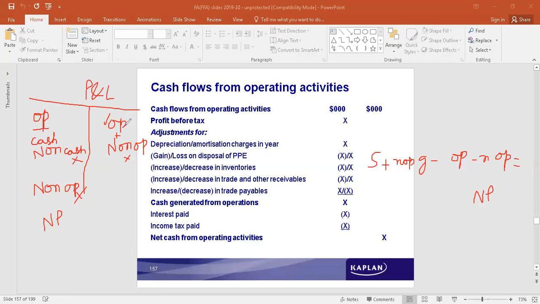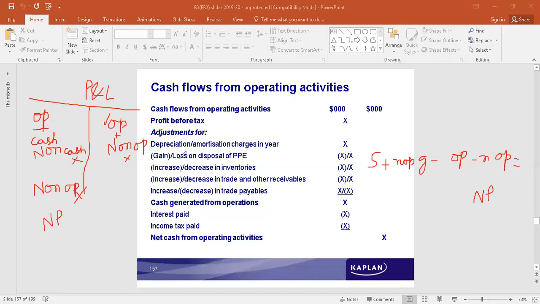Anything which was earlier added should be deducted. Anything which was earlier deducted from revenue should be added back. That's the logic we remember when we prepare cash flow from operating activities. That's only one section of operating activities. Is this clear till here?